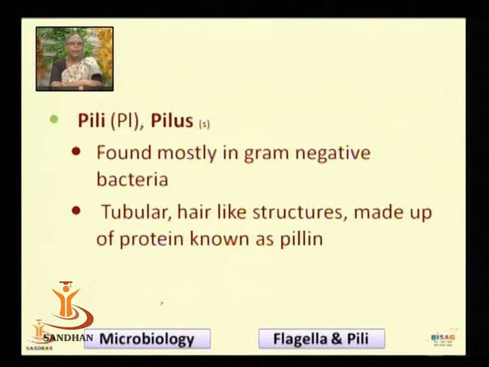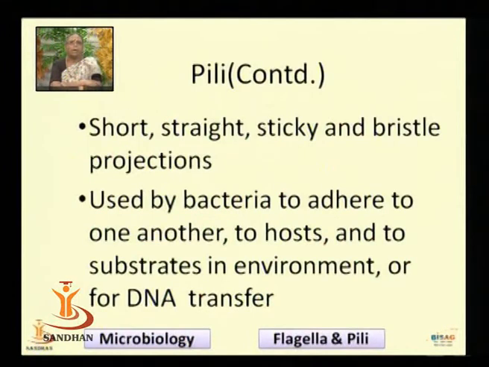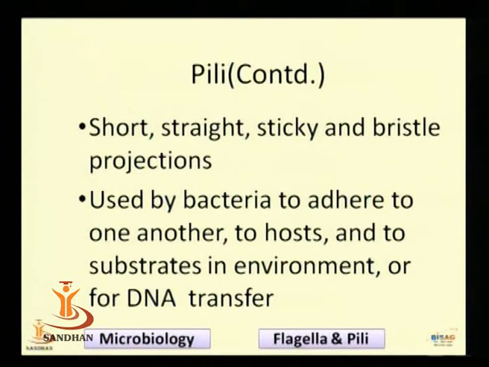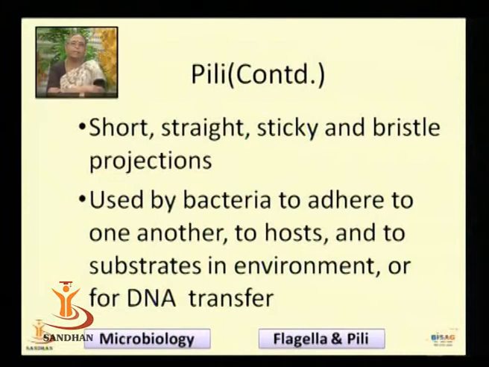Now in the next slide, as has already been said, these are comparatively shorter, straighter, sticky and bristle-like projections present all over the cell surface, and these are basically there to give the property of adherence to the bacterial cell.